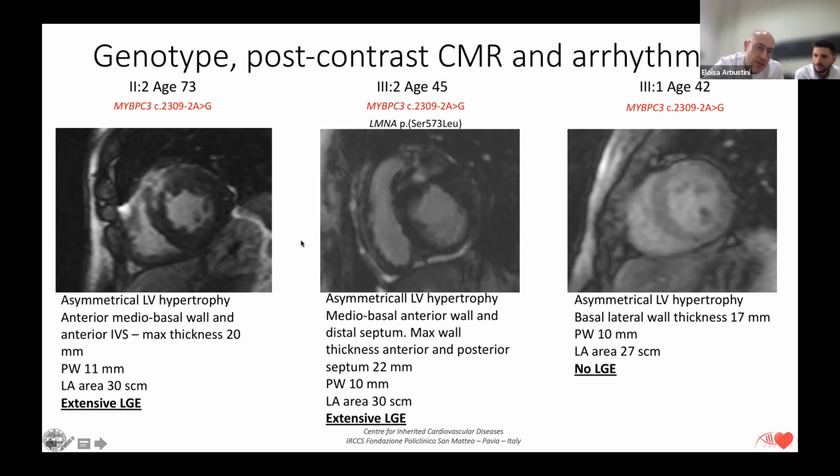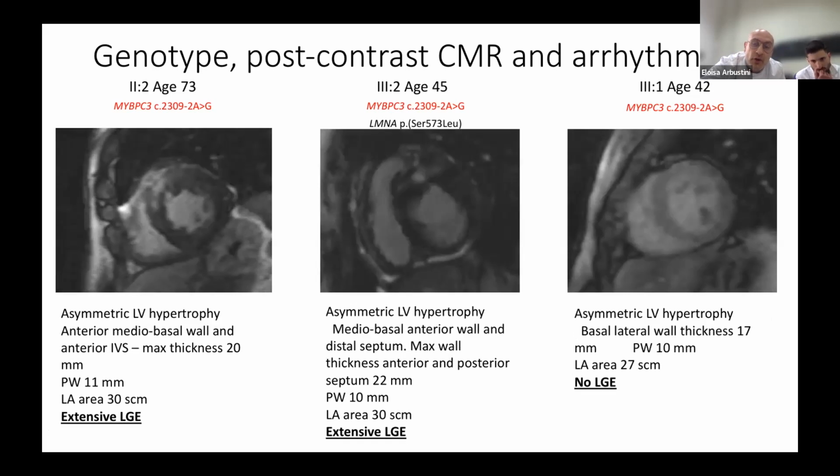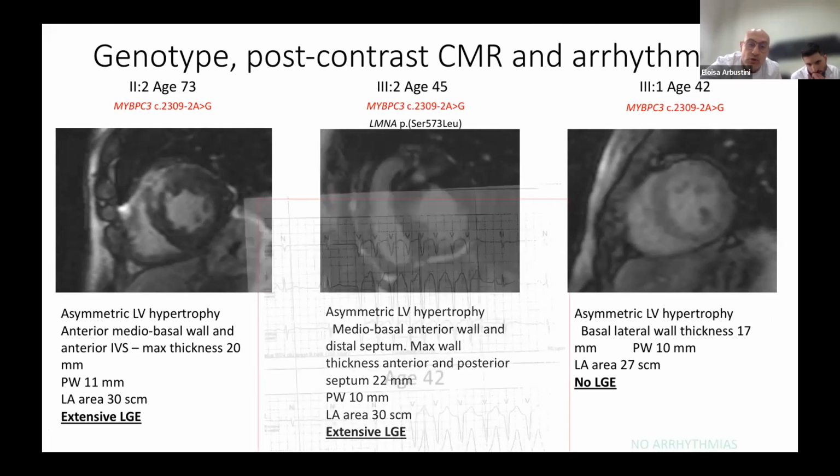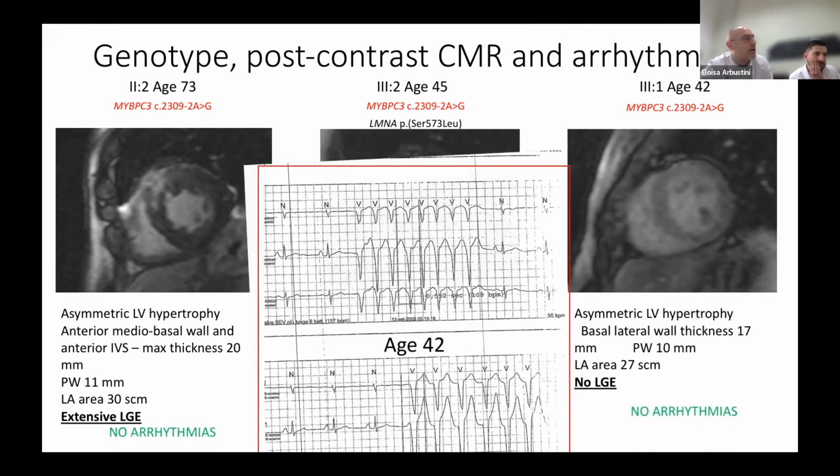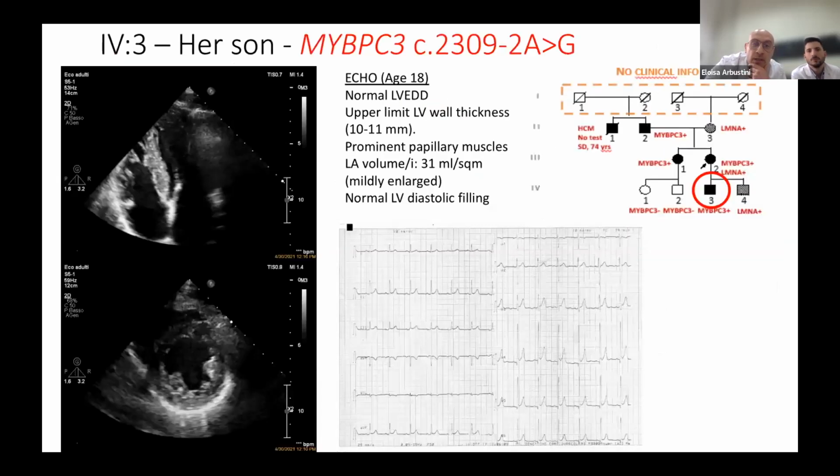Her father showed an extensive late gadolinium enhancement, but more or less 3 decades after his daughter. So they differed mostly for the presence of late gadolinium enhancement, but also for arrhythmias that were recorded since the age of 42 in our proband. Here is one of the first non-sustained ventricular tachycardia episodes that were recorded.